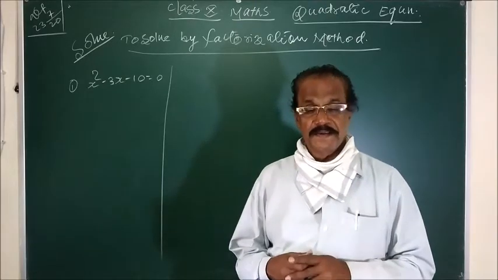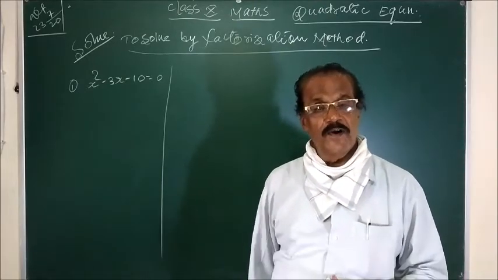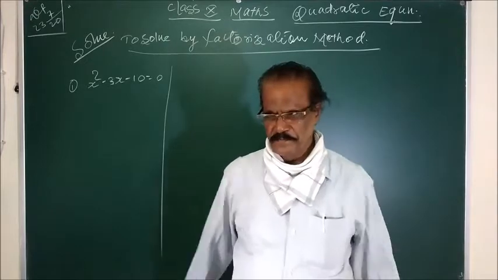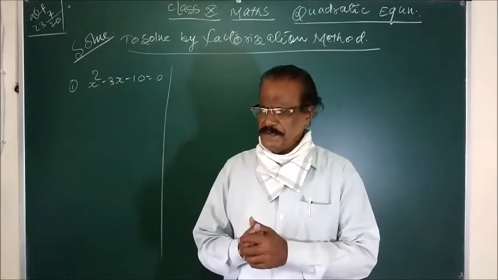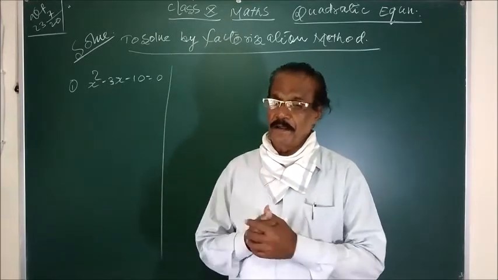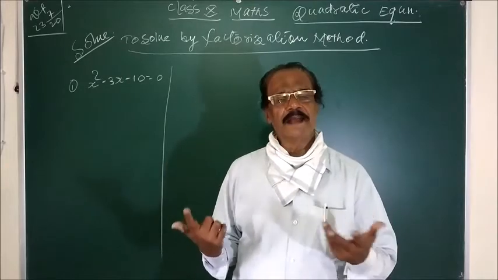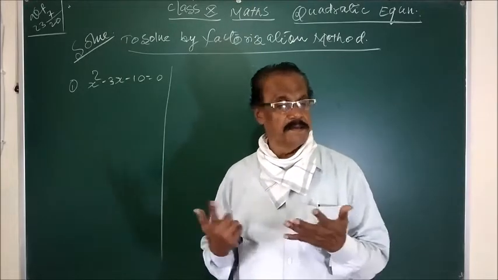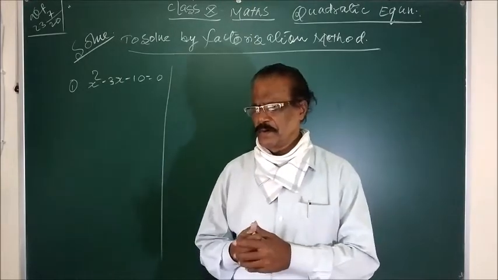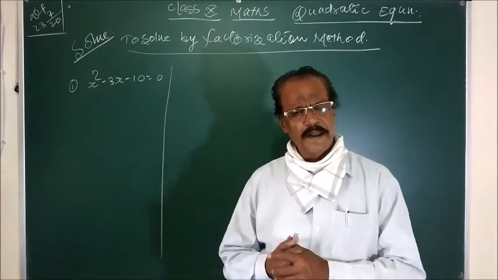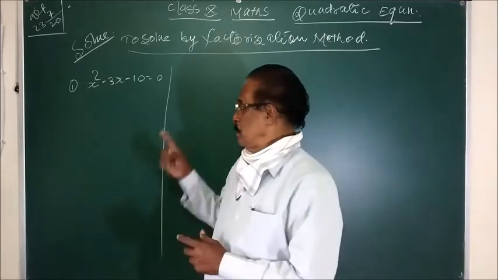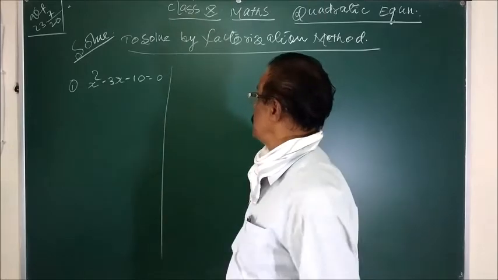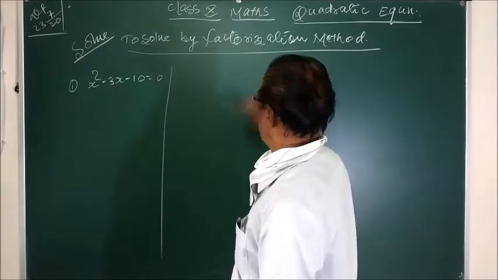These are also called roots of the equation. So roots means the values of the variable. This variable can be x or y or a, b, c, d, whatever. So nothing to worry about that. Now you see how you will solve this equation by factorization.